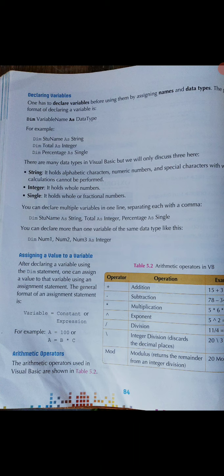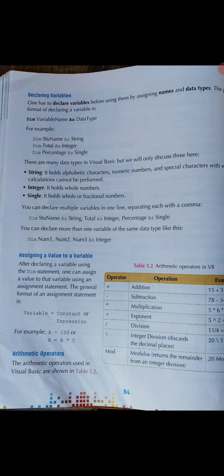Then the second one is integer. It holds whole numbers, it may be 0, 1, 2, 3, 4 and so on, as much as you like. Then single holds whole or fractional numbers.